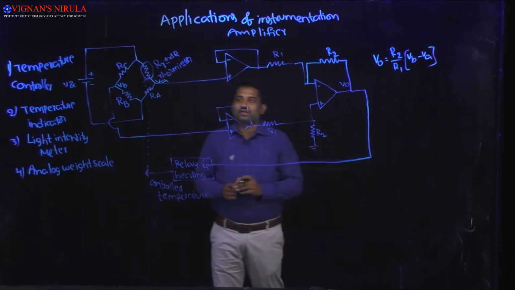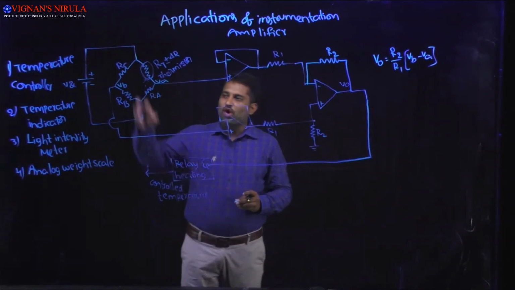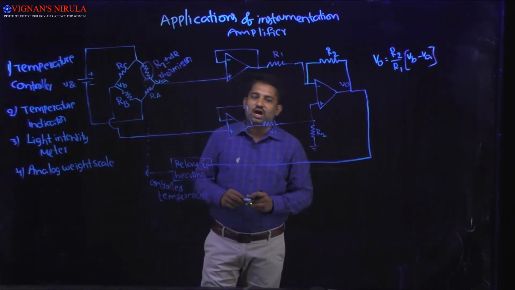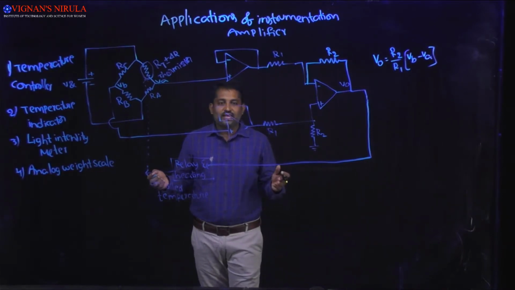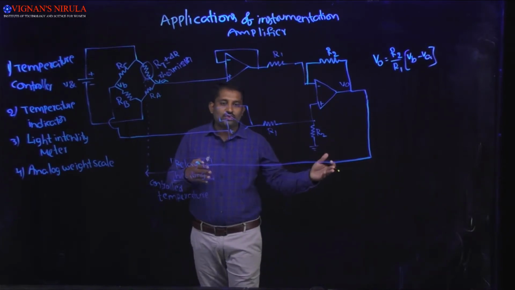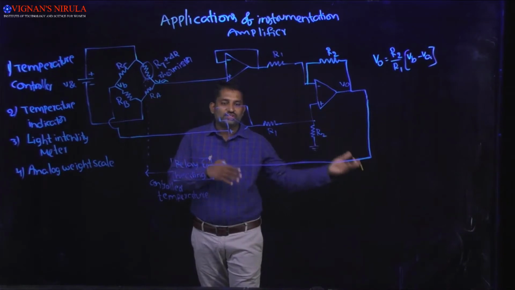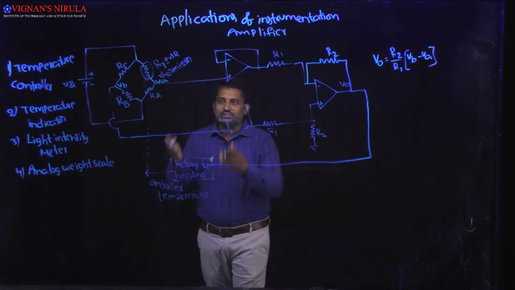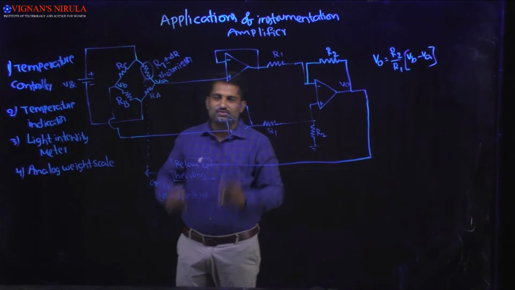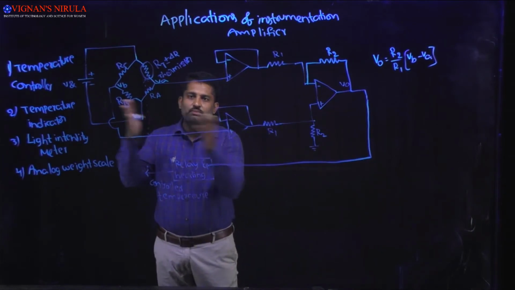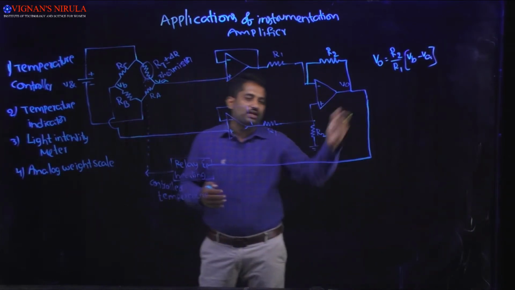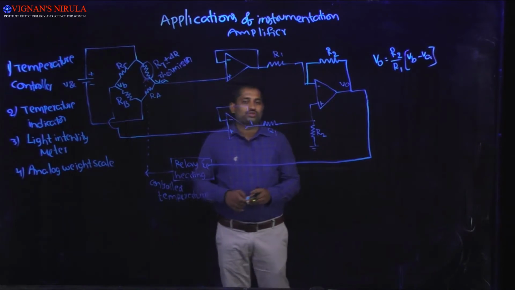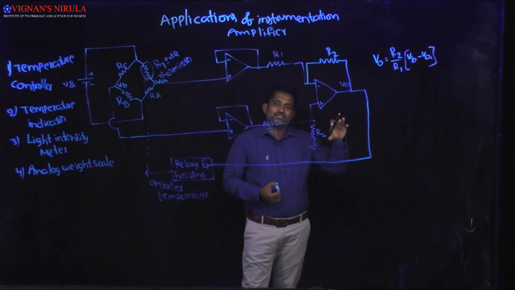Now when the temperature falls on the thermistor, the resistance value changes. Once the resistance value changes, what happens to the output voltage? The output voltage also changes. Why? Because once the resistance value is changed, the bridge is unbalanced, so automatically the output voltage is other than 0.